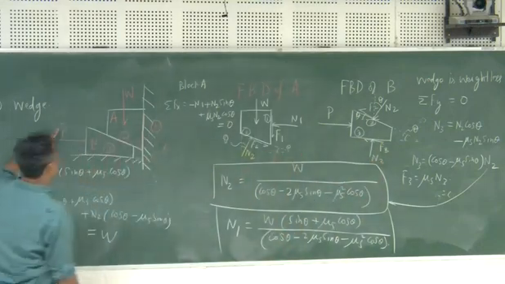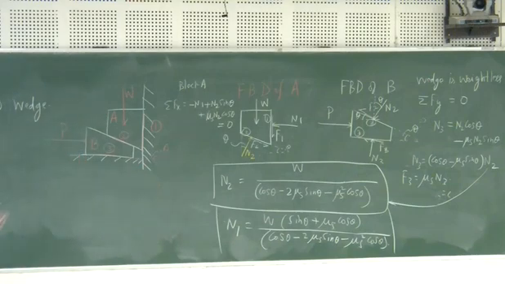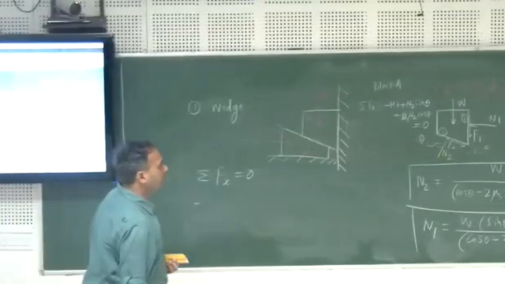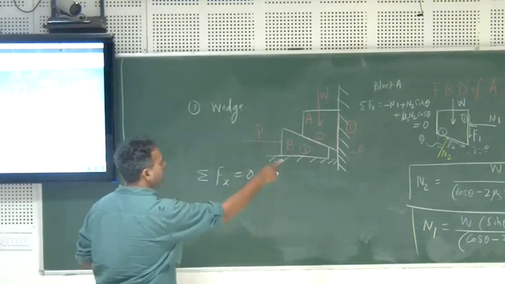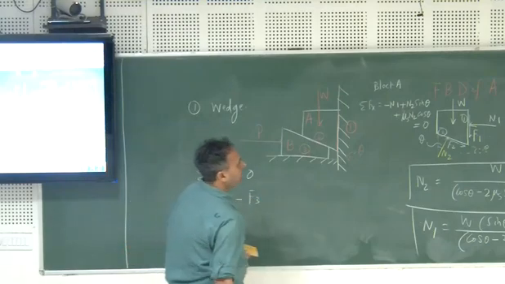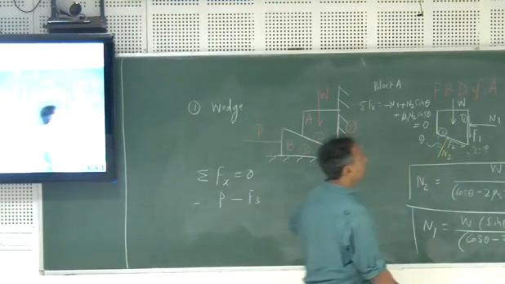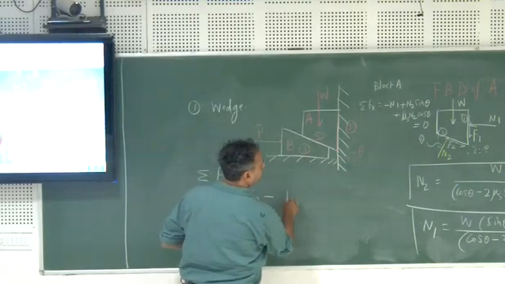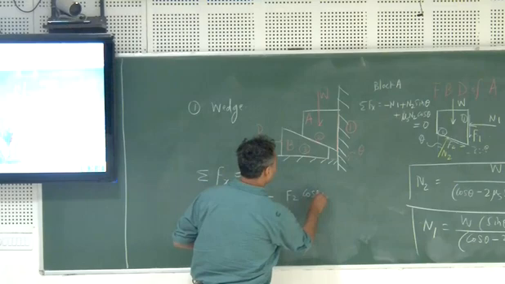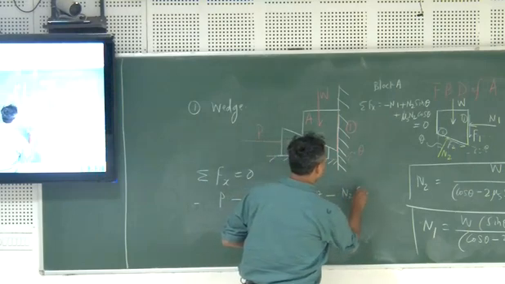Now we have to compute this input P. To compute this, let us take that particular equation again, write that block again and write Fx equals 0 for block B or wedge B. In this case you will have P minus F3 minus, since both of the components which are coming are opposite to this, F2 cos theta and then N2 sin theta.